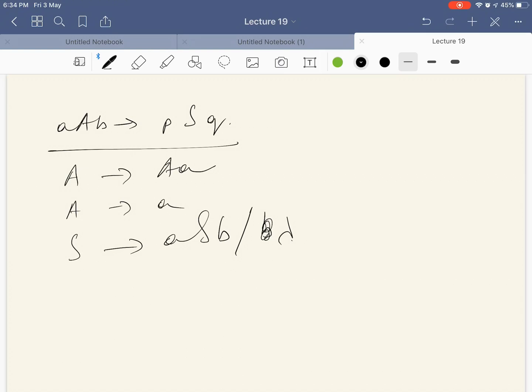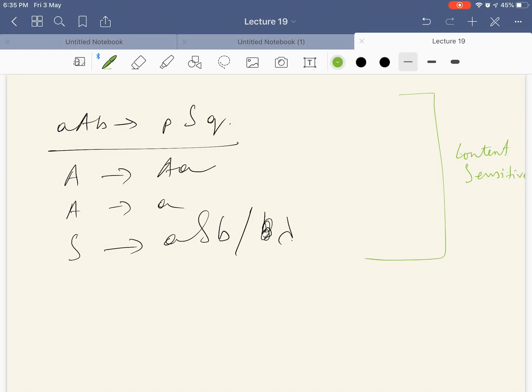Now if these types of production rules are there, where the left hand side consists of a sentential form, that is a combination of variable and terminal symbols, as well as the right hand side also consists of a sentential form, then these types of languages are called context sensitive languages. This means that in the case of context sensitive languages, the left hand side may consist of a variable as well as a combination of variable and terminal symbols. So in a gist, all of these are context sensitive, because the left hand side consists of variables as well as terminal symbols.